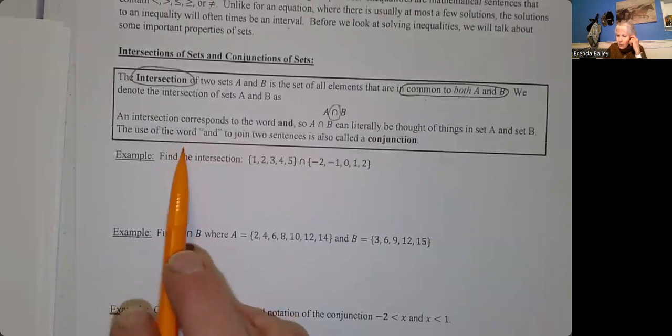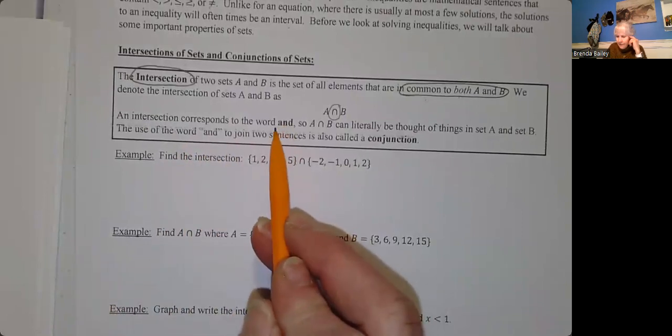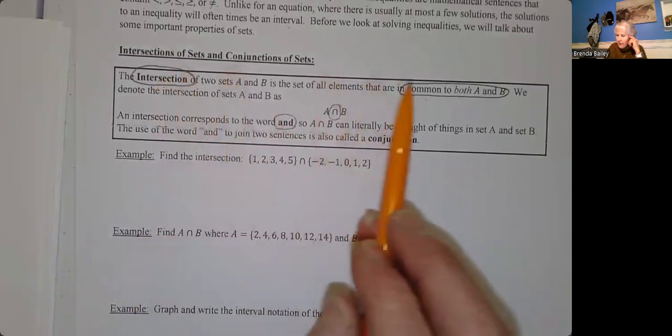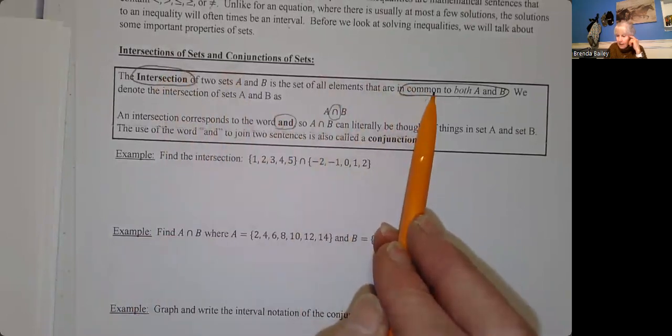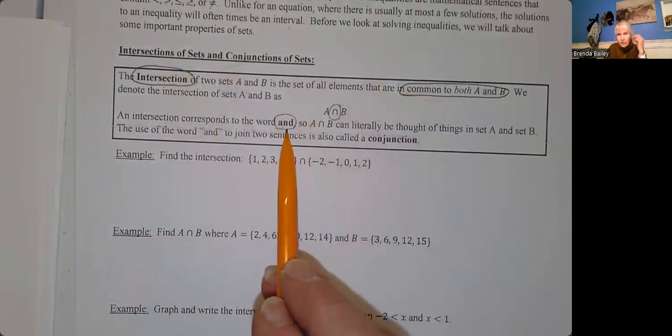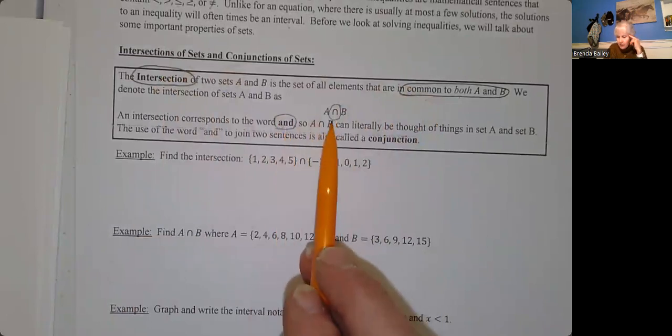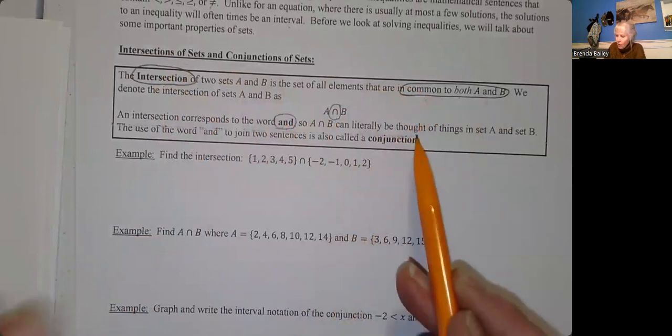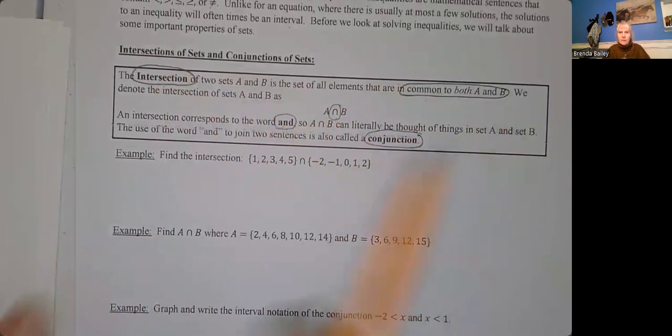Now an intersection corresponds to the word and. So if you have common to both sets A and B, or you see the word and used in certain spots, you'll know that you're talking about an intersection. Intersection, common to both, or a conjunction: all of these mean the same thing.